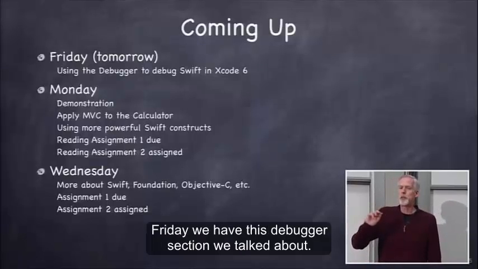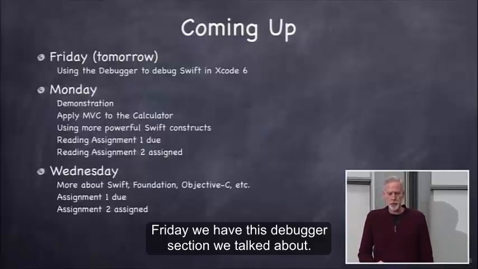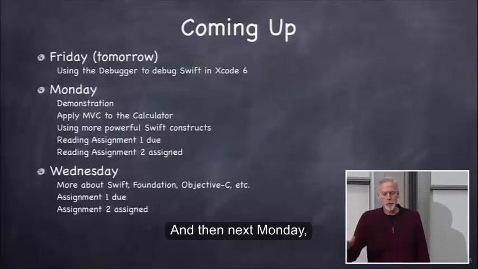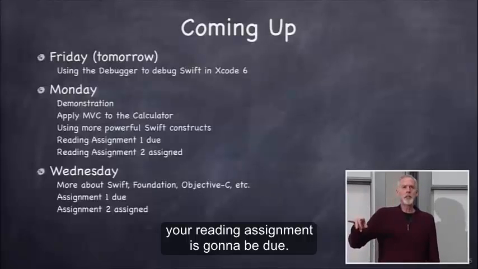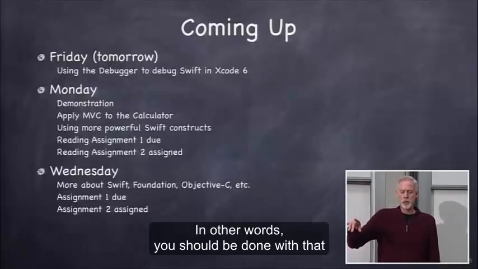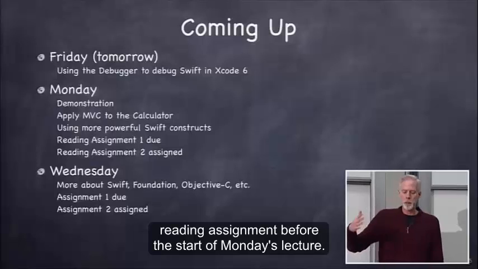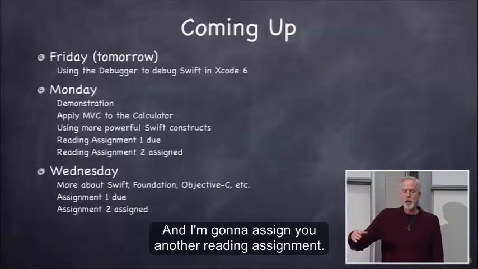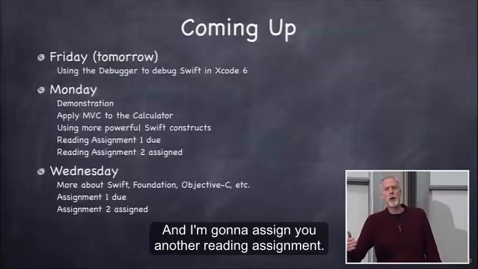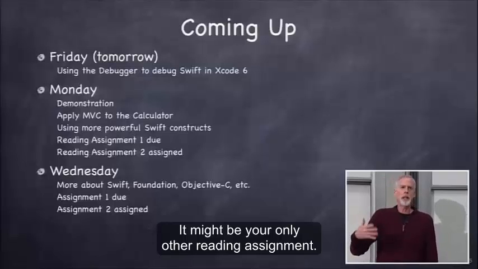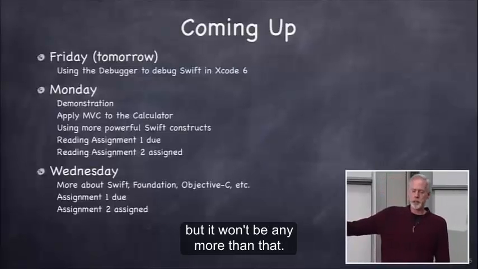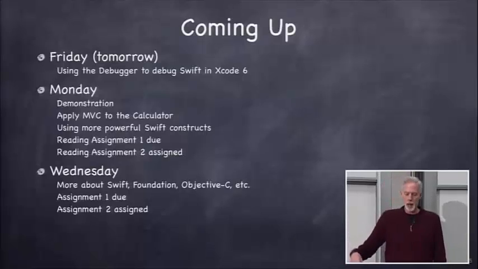But for Stanford students, Friday we have this debugger section we talked about. And then next Monday, your reading assignment is going to be due. In other words, you should be done with that reading assignment before the start of Monday's lecture. And I'm going to assign you another reading assignment. It might be your only other reading assignment. Perhaps there'll be a reading assignment 3, but it won't be any more than that.